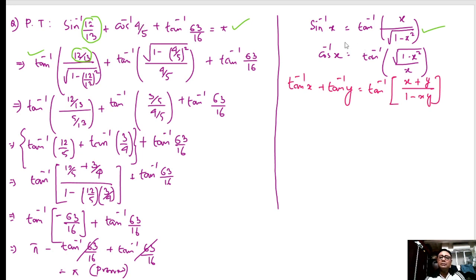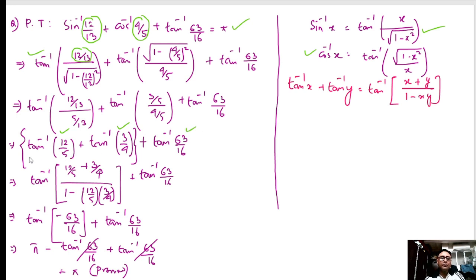Similarly, cos inverse x can be written as tan inverse root over 1 minus x square by x. So we are converting, and solving this, we are getting this.